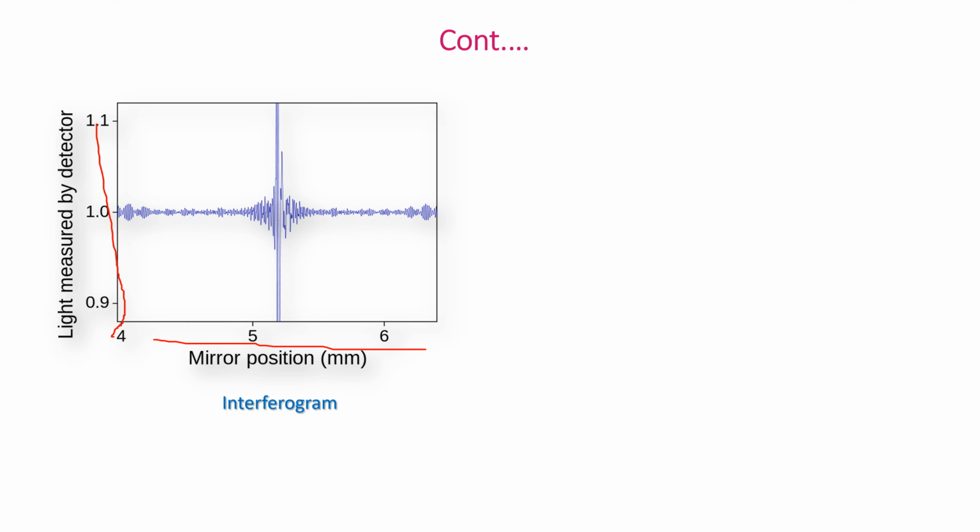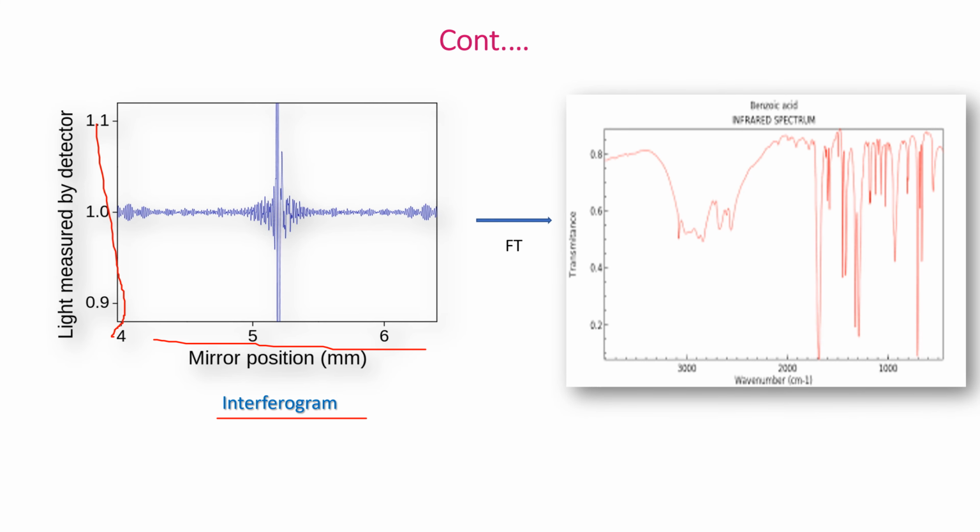This is called an interferogram. This raw signal or interferogram is mathematically Fourier transformed to get the IR spectrum, which is a plot of transmittance versus wave number. It gives a lot of information.